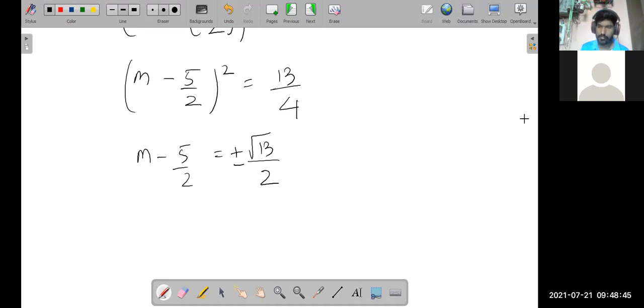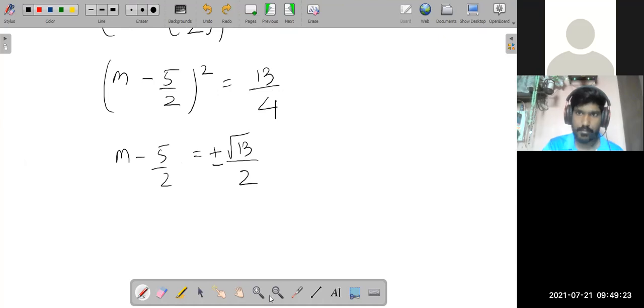So what's your answer? Root 13 plus 5, minus root 13 plus 5.